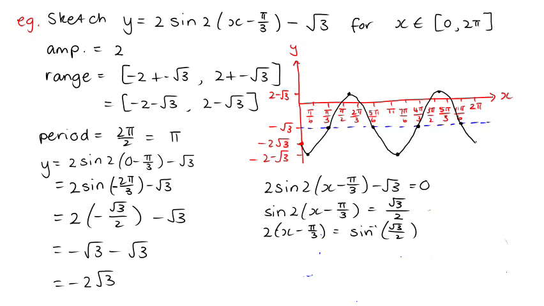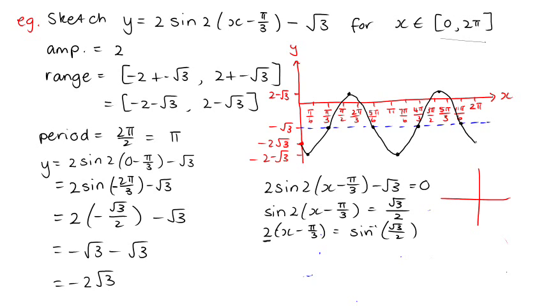So now we have to think what angles, when it's sine, give root 3 on 2. We've already worked that out in the last step. It was pi on 3. But because we're going to be dividing by this 2, you need to make the domain double the size. So we need to go from 0 to 4 pi because there's going to be 1, 2, 3, 4 solutions.